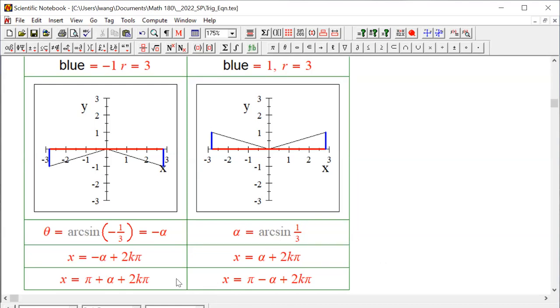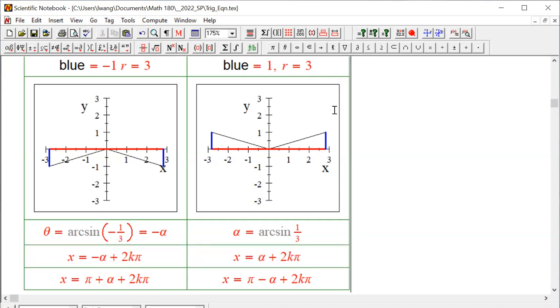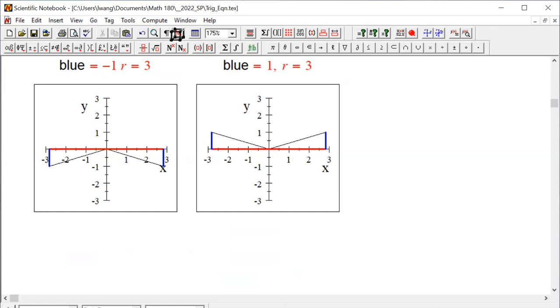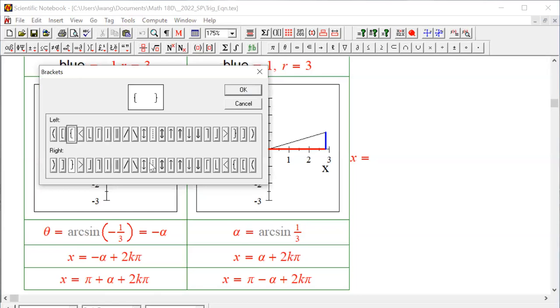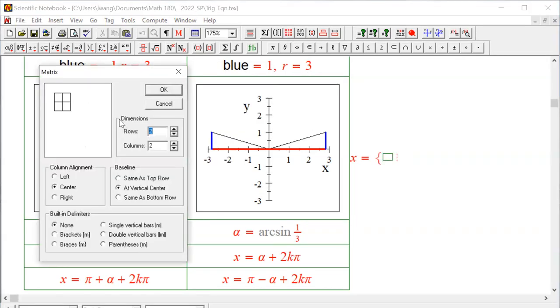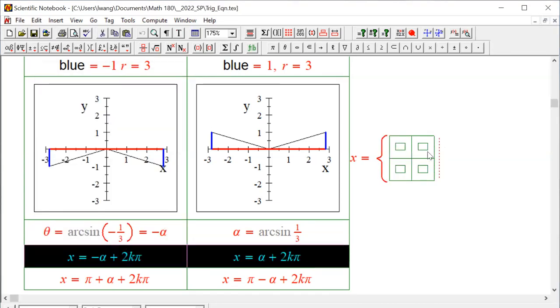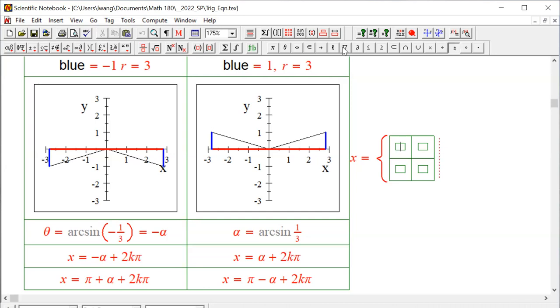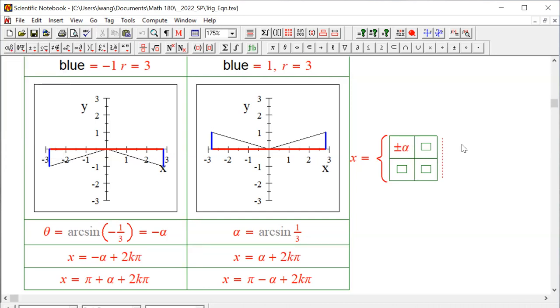So now we get two solutions. Let's look at our solutions. X will be equal to, combining these forms, plus or minus alpha plus 2k pi.